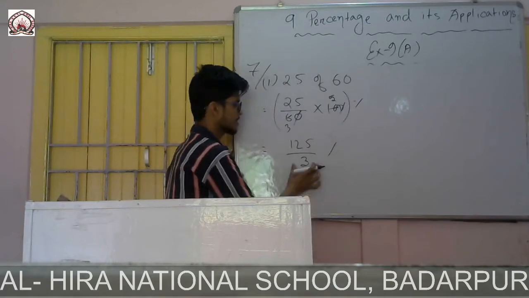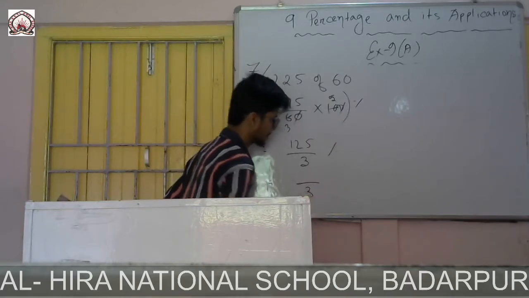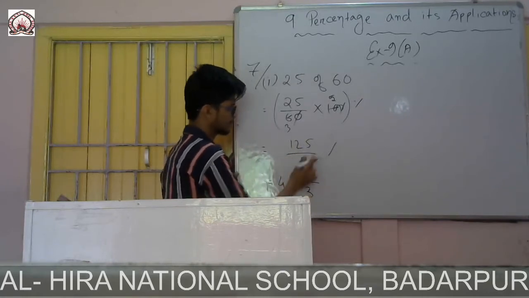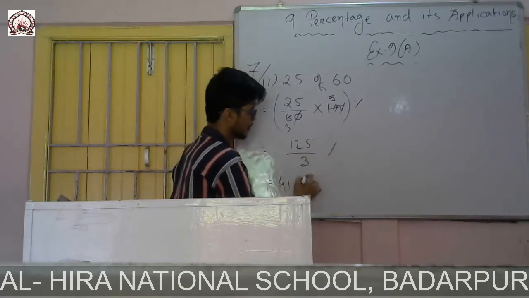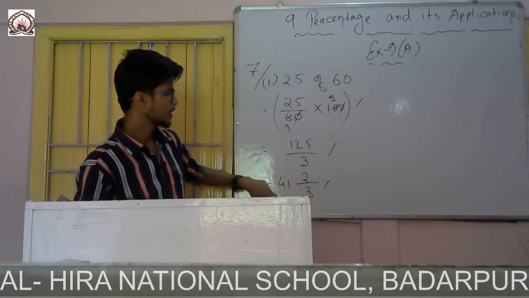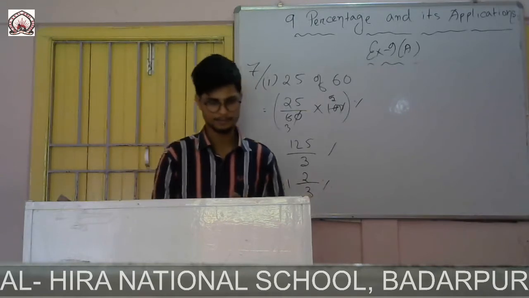Since it is an improper fraction, I will convert it into a mixed fraction. 3 4s are 12, then 3 1s are 3, then how much is left? 2 left. So the answer will be 41 2 by 3%.